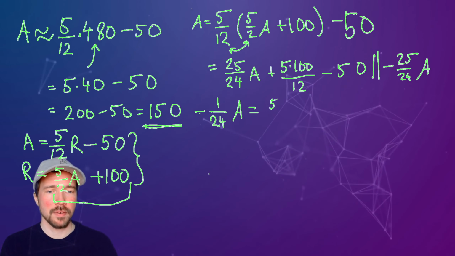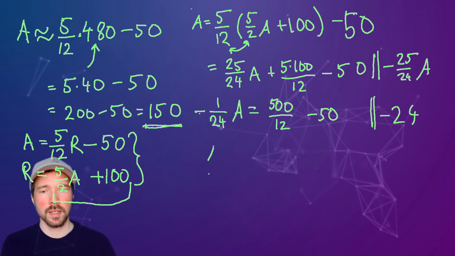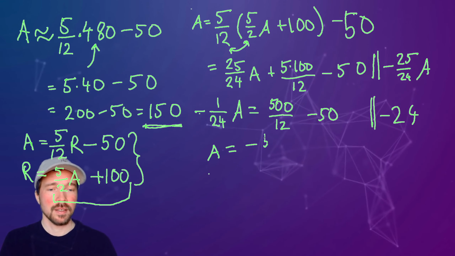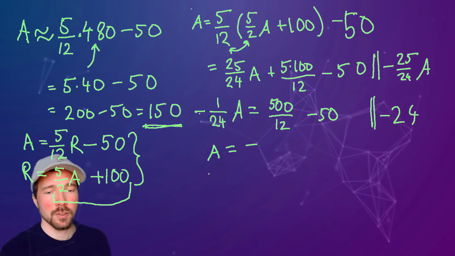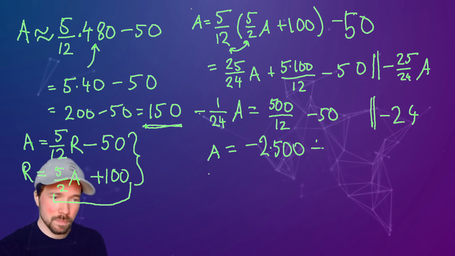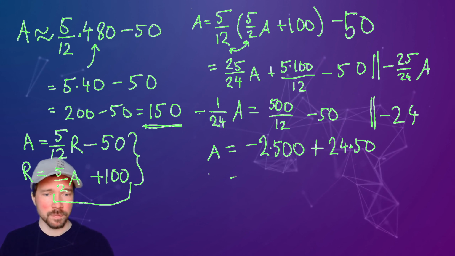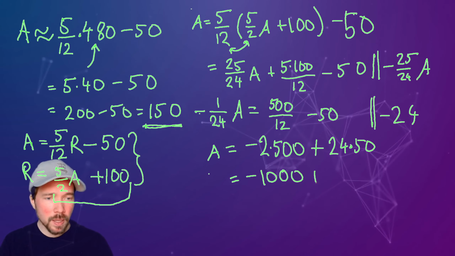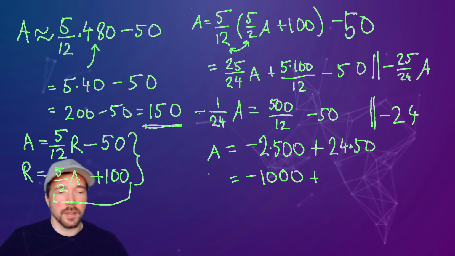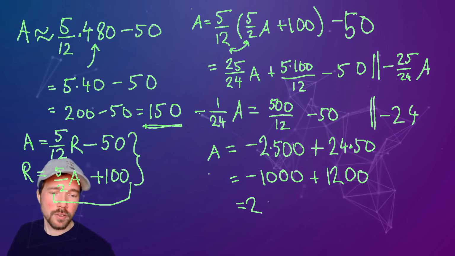So let me write it: 500 divided by 12 minus 50, but now multiplying by minus 24, we get that A equals minus 500, but 24 divided by 12 is 2, so we get 2 times 500, which is minus 1000, plus 24 times 50, which is the same thing as 24 times 100 divided by 2, which is 12 times 100, which is 1200. And so this is just 200.